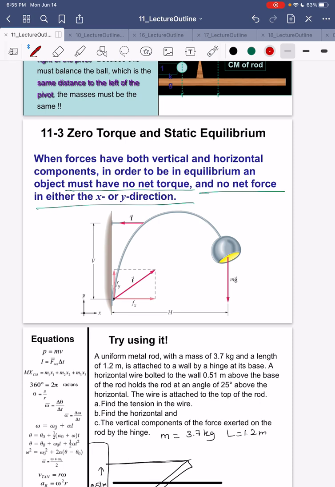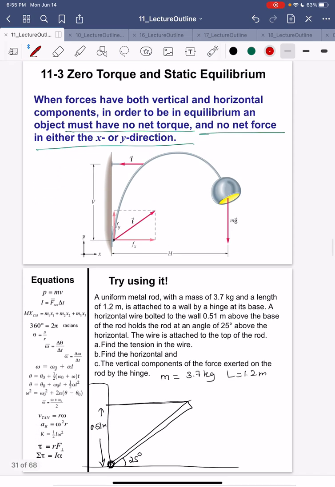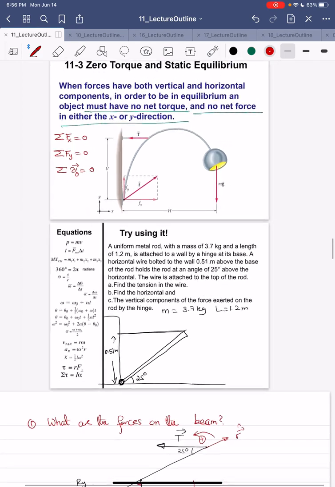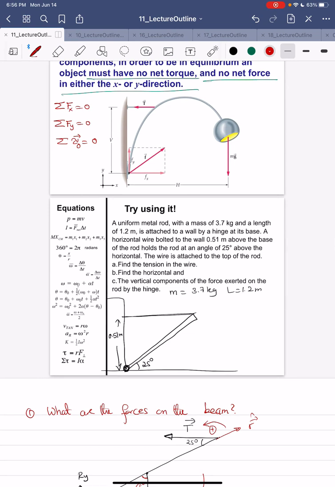Then I should apply the three conditions here: sigma Fx equals 0, sigma Fy equals 0, sigma torque about an axis should be 0. And I should include all the forces, and therefore I should also have free body diagrams. But what is really different here is our free body diagrams should also include distances.